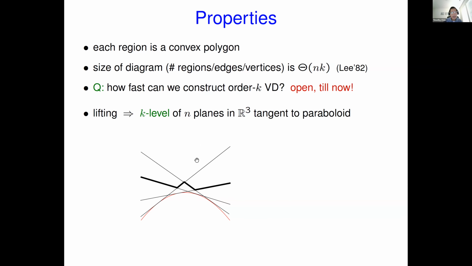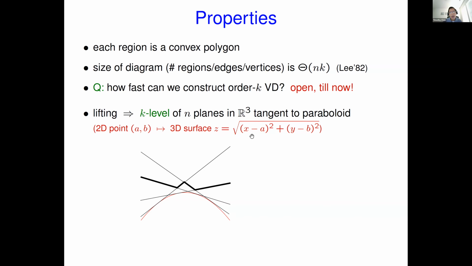And to see the connection, all you have to do is map each of the input points (a, b) to a 3D surface, z given by essentially the Euclidean distance of (x, y) to (a, b). It's not hard to see that the order k Voronoi diagram corresponds to the k-level in an arrangement of these surfaces.